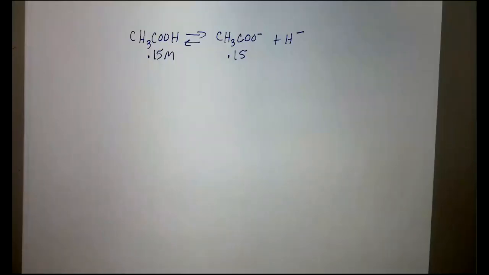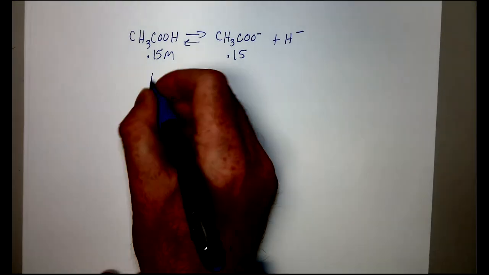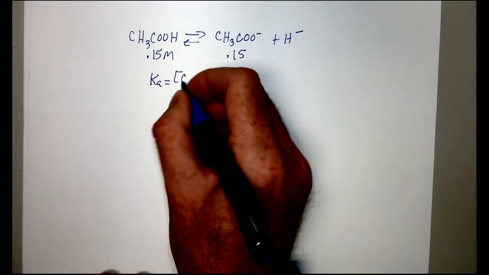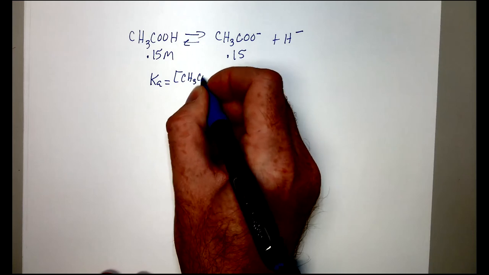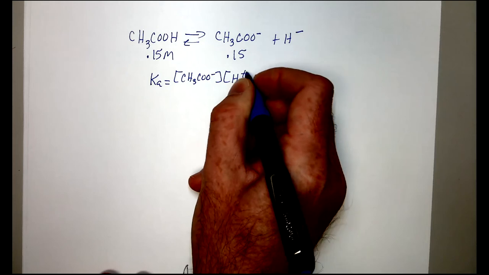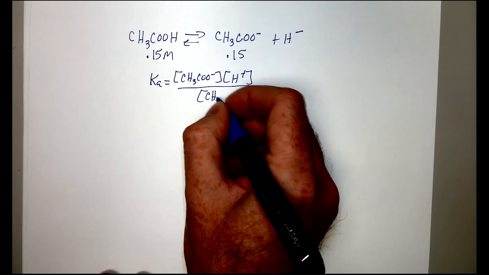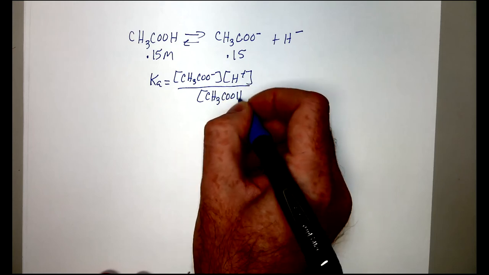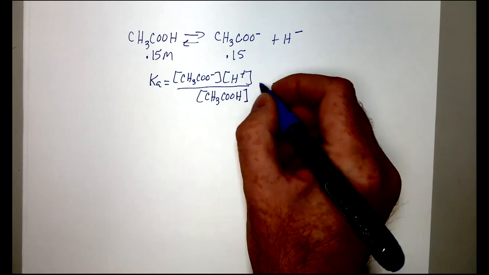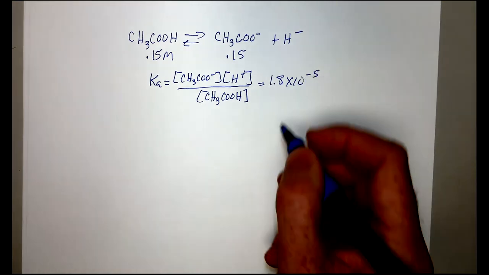So I've copied that information over. Our Ka in this case is going to be the concentration of that acetate ion times the concentration of the hydrogen ion, divided by the concentration of the unionized acetic acid. Because of the approximation that we've been making, this is 1.8 times 10 to the negative fifth if you look it up.